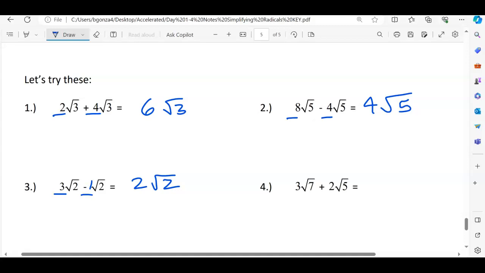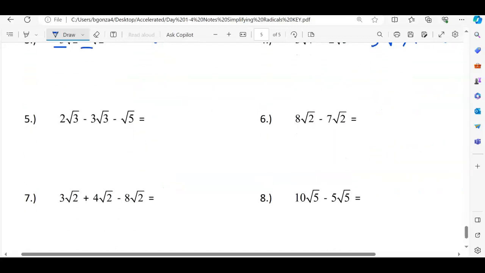The square roots don't match, right? So if these don't match, then you cannot add them together. You just rewrite it, okay? They do not match.